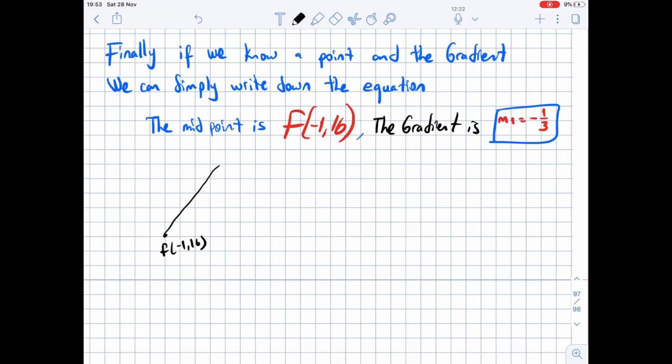So we have a point, negative 1 and 16. And this line segment, we know its steepness, which is negative 1 over 3.